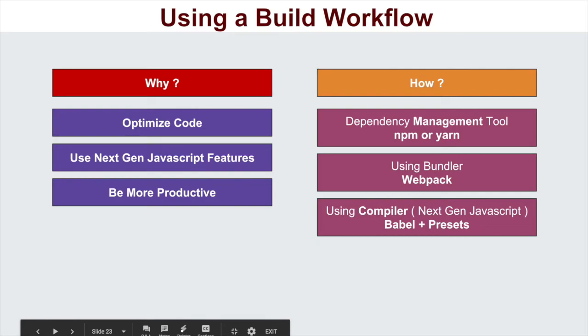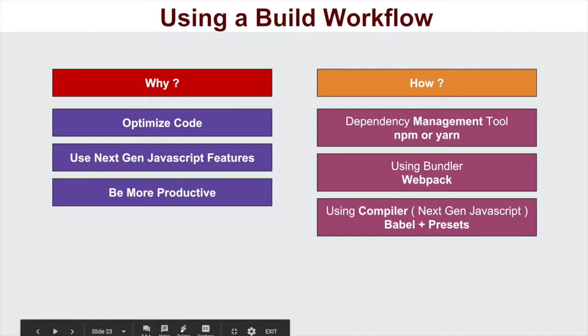We need a compiler that does this JavaScript compilation, which means translating modern features to workarounds that also work on older browsers, and we will use Babel plus presets which can be hooked into the Webpack configuration so that they are part of this bundling and optimization process.